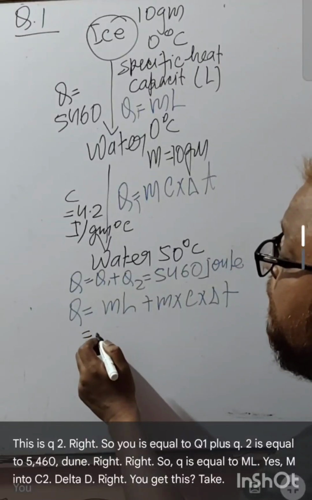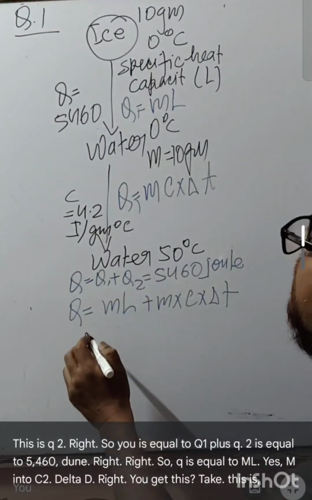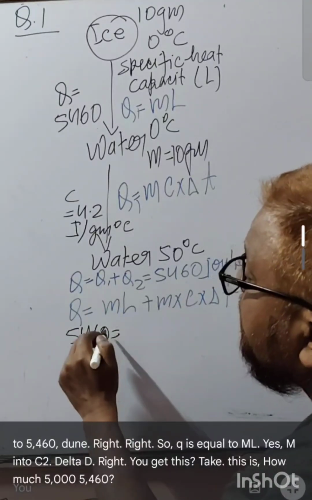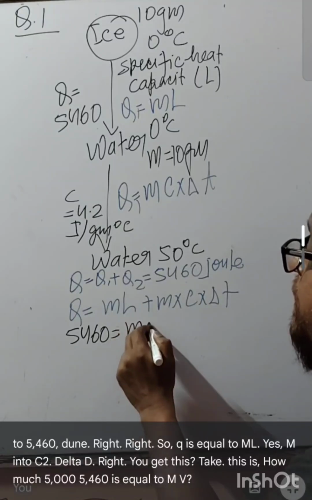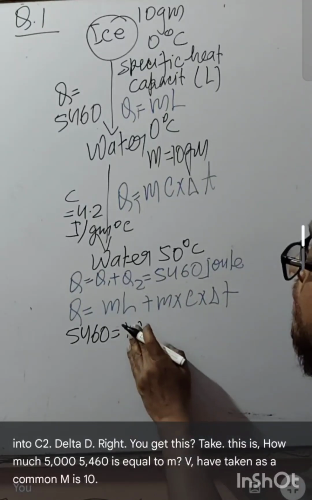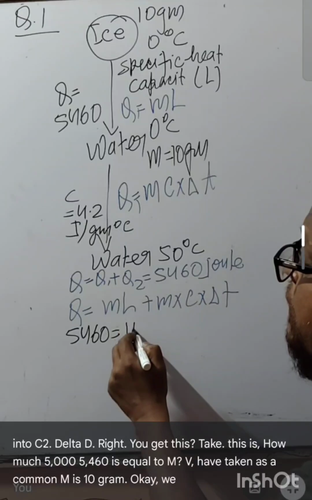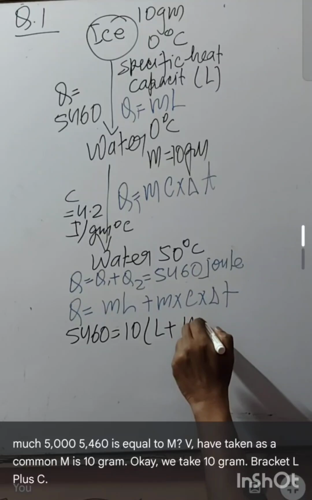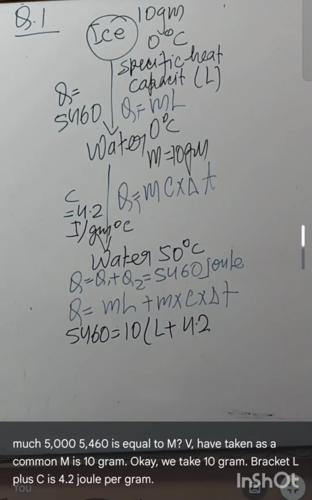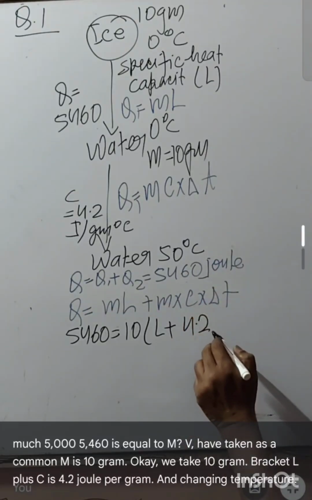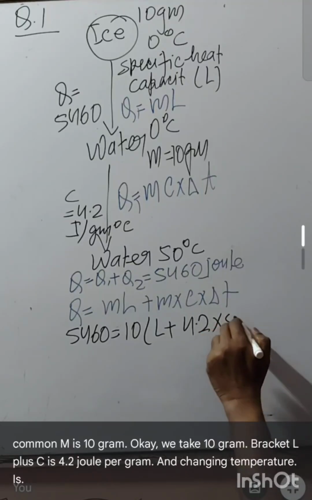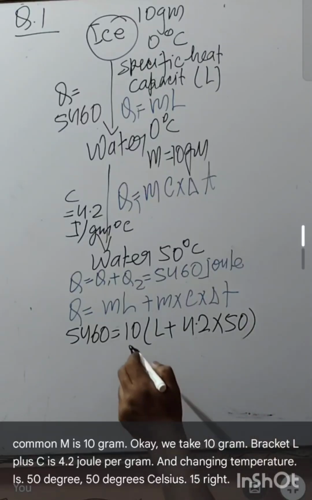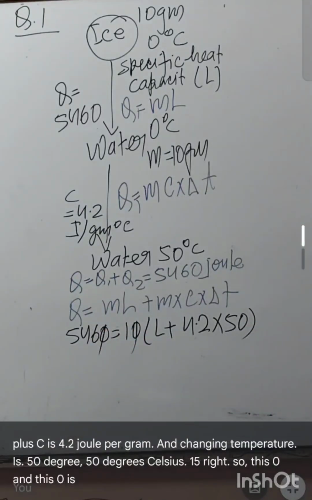So 5460 is equal to m, we have taken as common. M is 10 gram. We take 10 gram bracket L plus C is 4.2 joule per gram and change in temperature is 50 degrees Celsius. So this 0 and this 0 are cancelled.